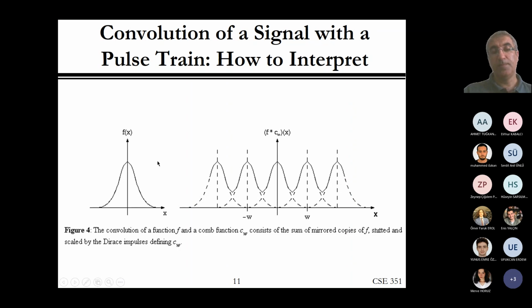So if I sample with the sample frequency of W in the time domain, as you see, in frequency W, we have the pulse train, and you pass this shape over each of these pulse trains, and at the end of the convolution, the output is going to be a replication of this information every W, every pulse train. So you make a copy of the same signal every W in this case.